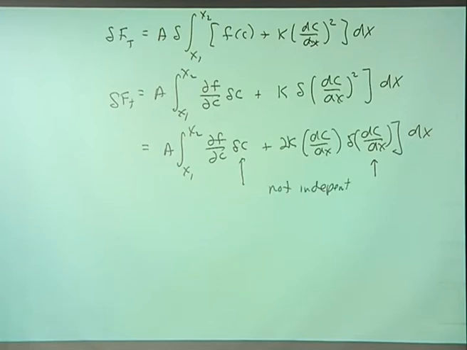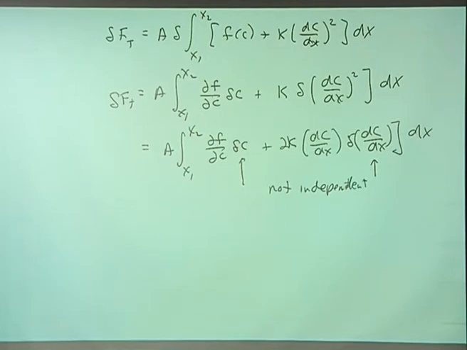In fact, the variation in c is related to the variation in dc/dx, because if you start off with a uniform concentration and change the concentration a little bit, you obviously introduce gradients. So they're not independent, and you have to relate one to the other.